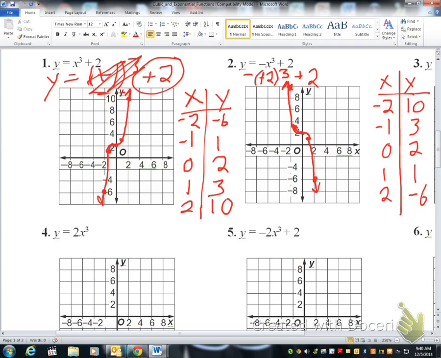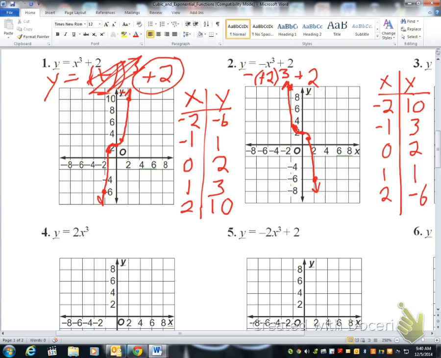We can still pick out where it's going to cross through the y very easily. And we can pick whether it is going to start at the bottom and go up, or whether it's going to start at the top and go down. Okay, that again depends on whether your x cubed value is a negative coefficient or a positive coefficient.